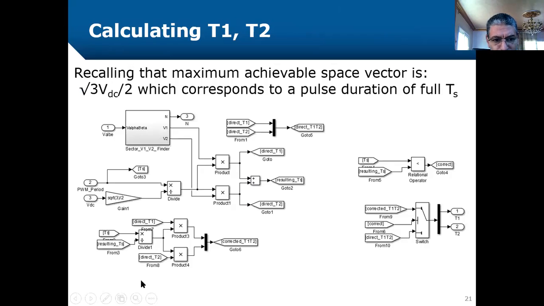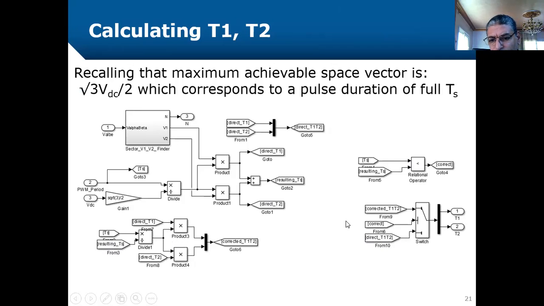So this is what we are doing here. We get the resulting TS and we divide TS by the resulting TS. If this condition is true, that TS is less than the resulting TS, then it means that we're asking for a longer PWM period. So in this case, we need to correct the direct T1 and direct T2 by the ratio of TS over the resulting TS. Otherwise, we directly give out the direct T1 and T2.